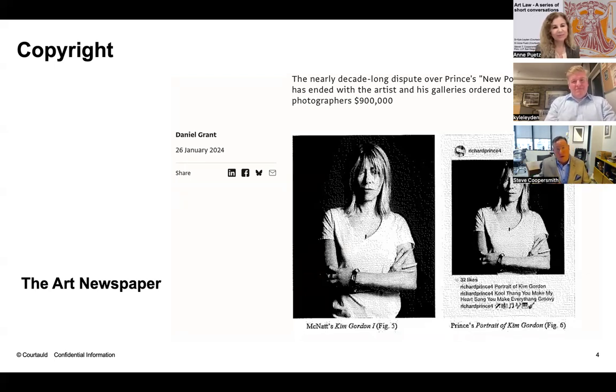A lot of lawyers and commentators were very critical of that decision, because essentially he was selling it for enormous amounts of money, taking a series of photos that someone else had, that were their work and their copyright, and then transforming that.